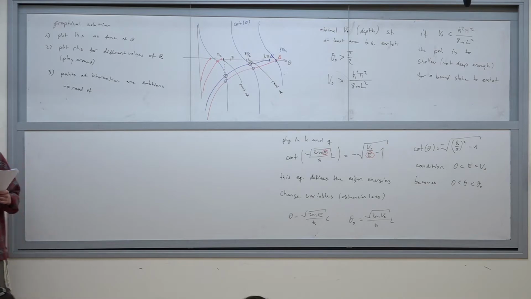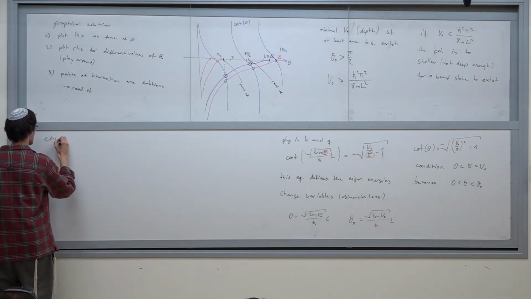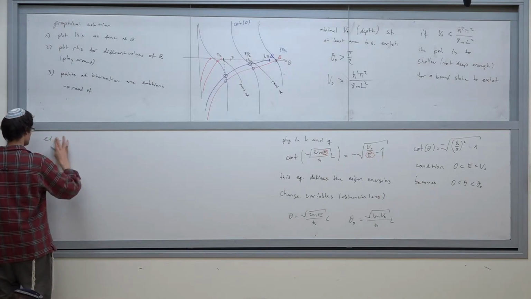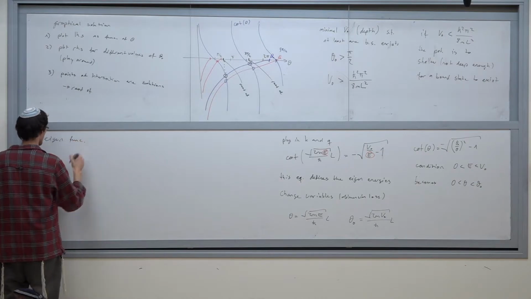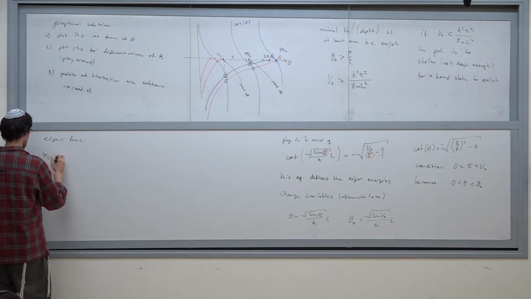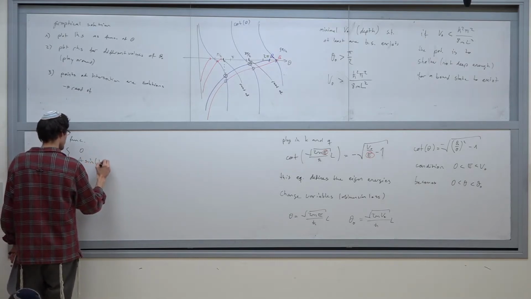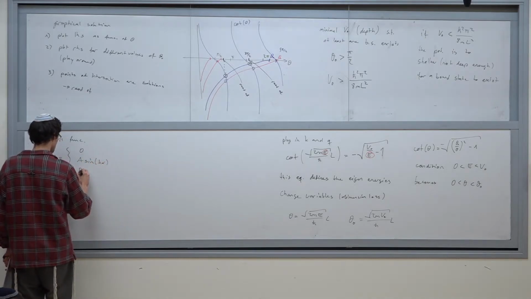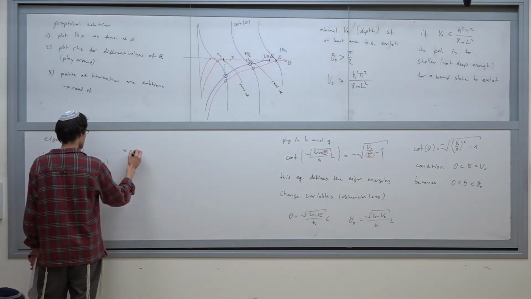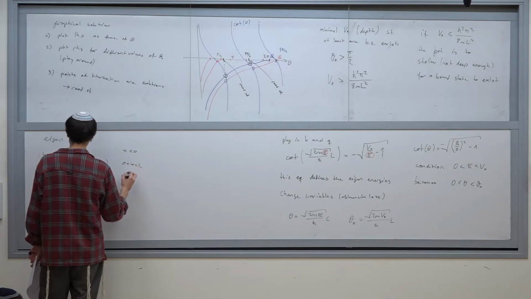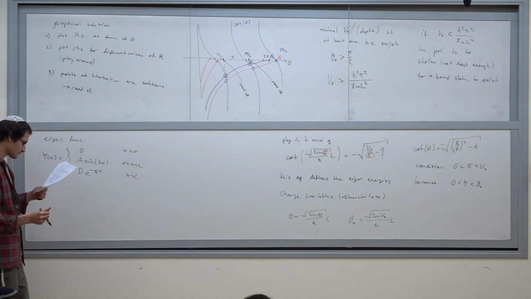One more step. We were asked to find the eigenfunctions. So we were at the stage where we had this, and then there was a D, I think, e to the minus qx. This is what we had.